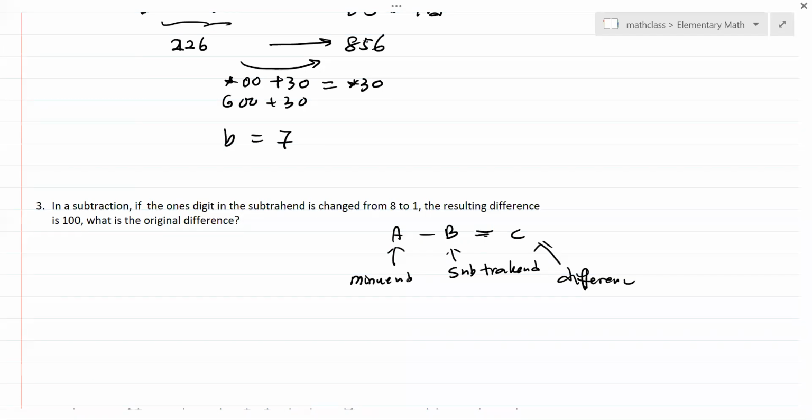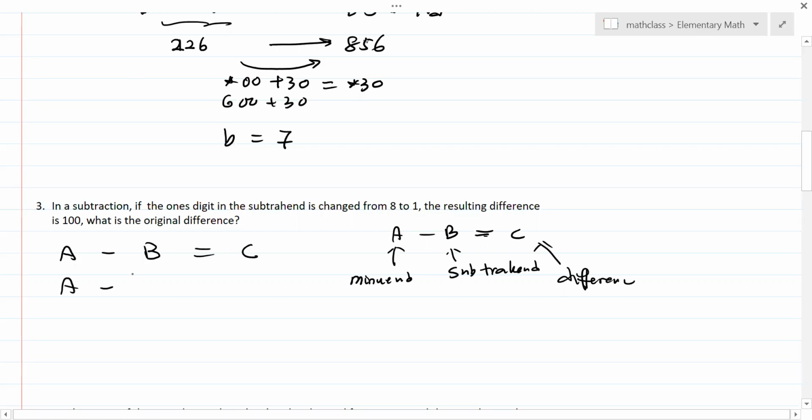So in a subtraction, if the first digit in the subtrahend is changed from 8 to 1, the resulting difference is 100. What is the original difference? Okay, so write this down. A is still there, B is there, and the original one is C. Now you make some change.